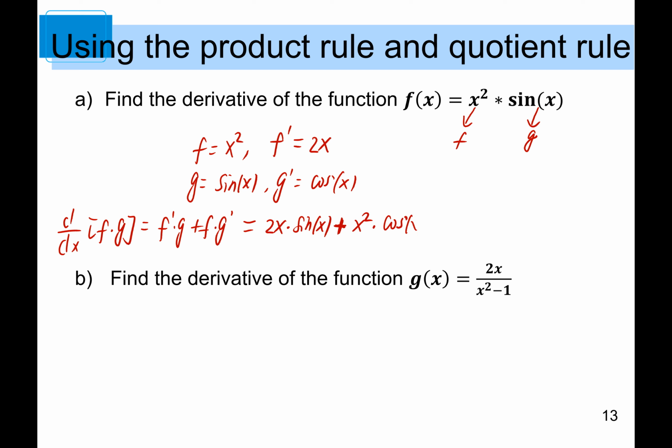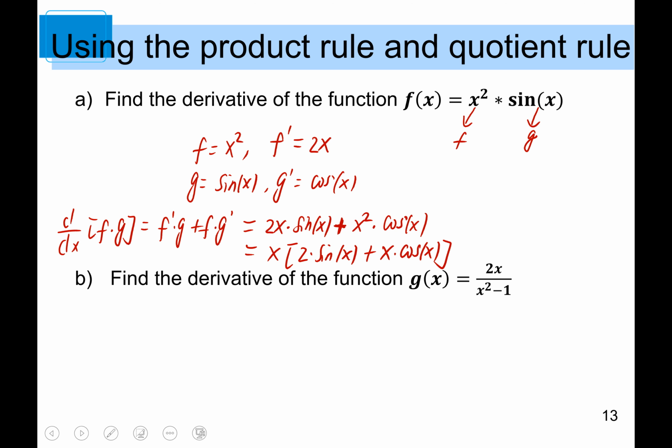You can leave it like that, or factor out x, so it becomes x times 2 sine x plus x cosine x. That's going to be the final answer.